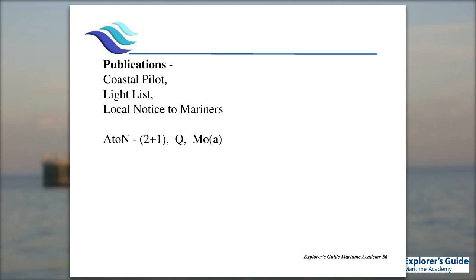Aids to navigation, a couple of light frequencies we want to keep in mind. Remember, a bifurcated preferred channel marker is always going to have a group flash of 2+1. It's the only type of buoy that has them. Quick flash, 50 to 70 times per minute, is caution ahead.